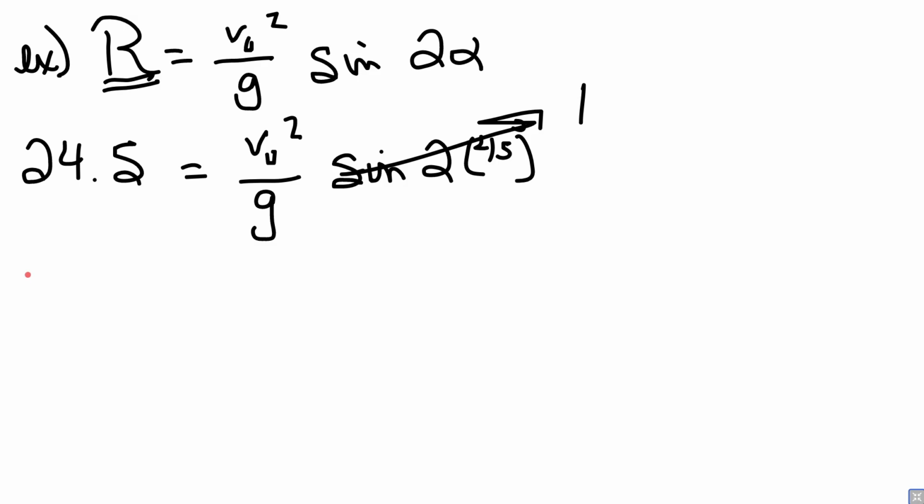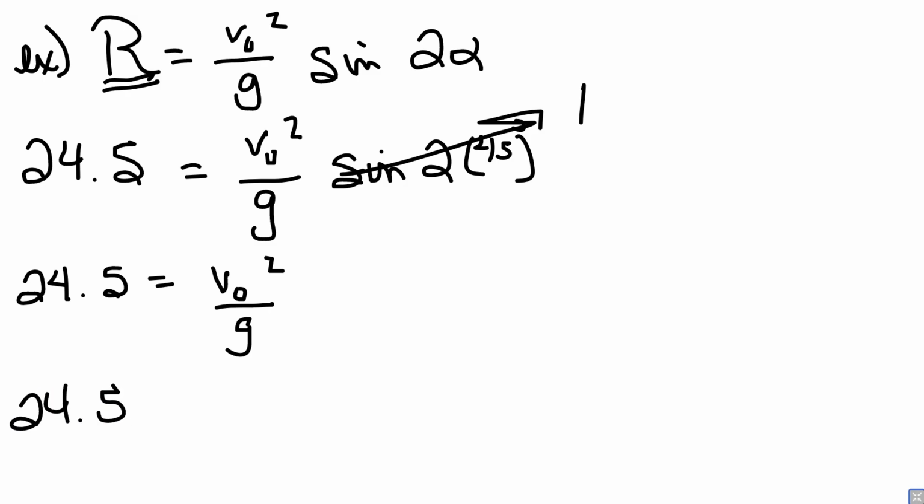So what we're going to end up with is 2.5 is equal to v sub 0 squared over g. So what we're going to have is 2.5, and keep in mind it's 2.5 kilometers, and that's equal to v sub 0 squared divided by g.